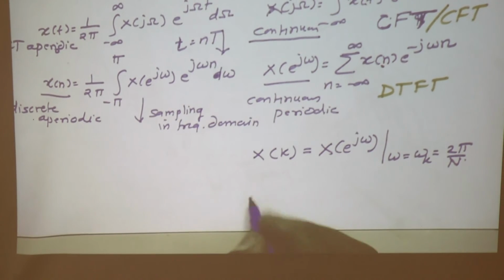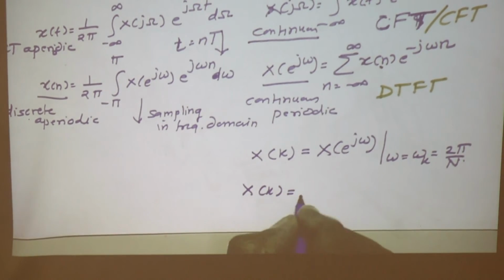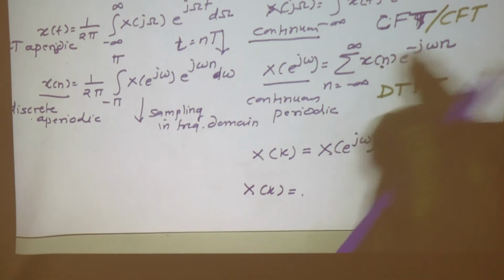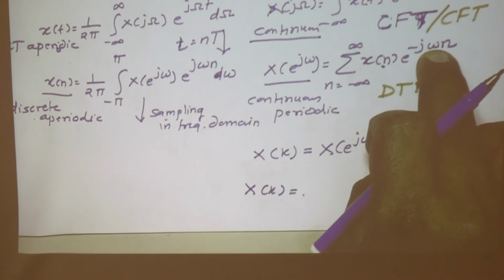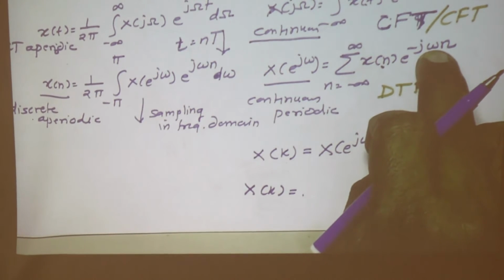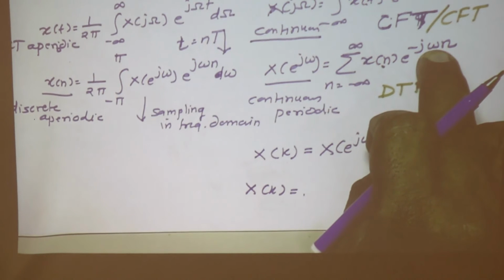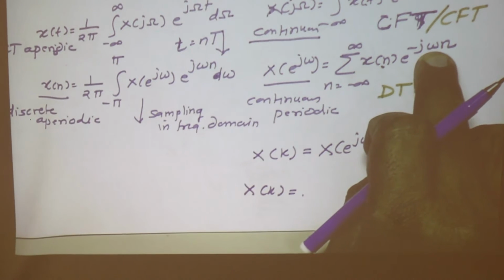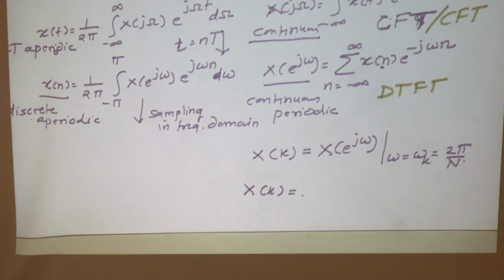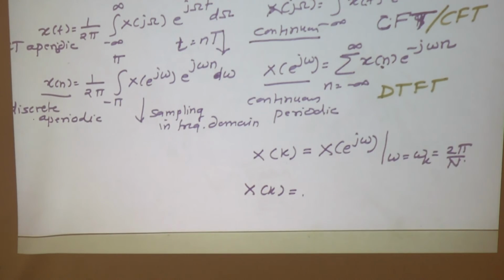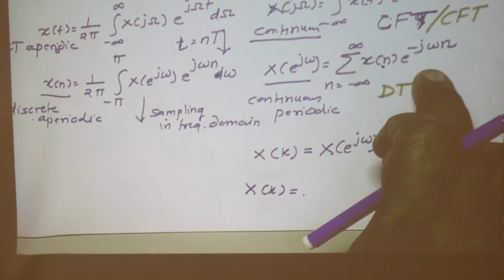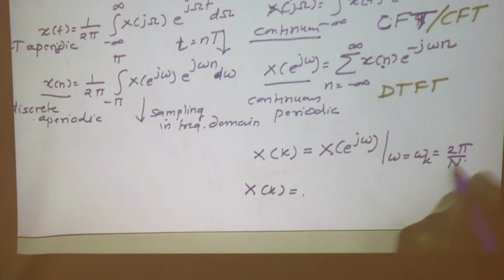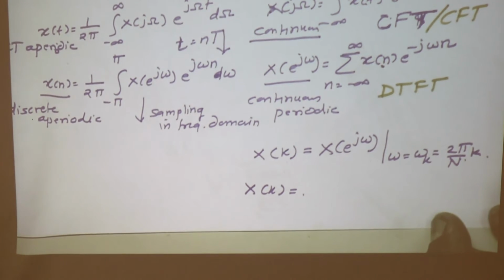So the left hand side becomes X of k, the right hand side becomes a summation. But what is omega? Omega is a frequency. The range of frequency is minus pi to plus pi or 0 to 2 pi. This 0 to 2 pi, I am dividing into capital N equal intervals. So omega can be replaced by 2 pi by N times k.